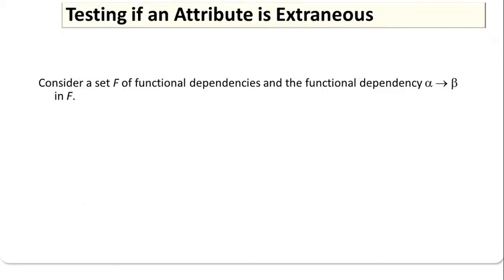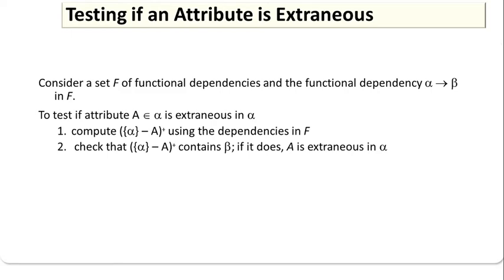So how do we test extraneous attributes? Consider a set F of functional dependencies and a functional dependency alpha determines beta in F. To test if attribute A belonging to alpha is extraneous in alpha, compute alpha minus A plus using the dependencies in F, and check that alpha minus A plus contains beta.